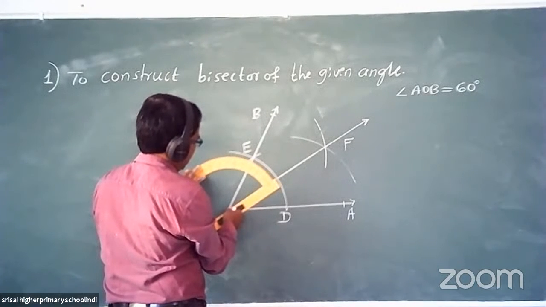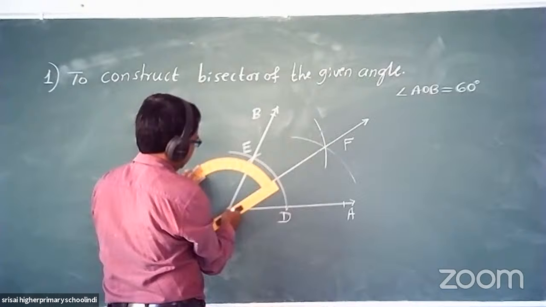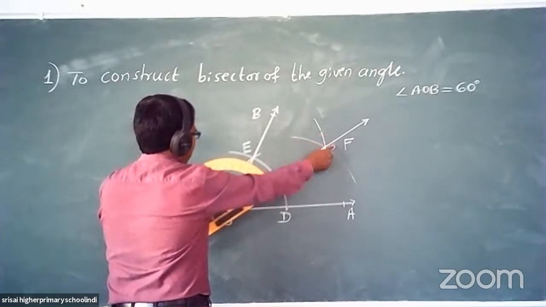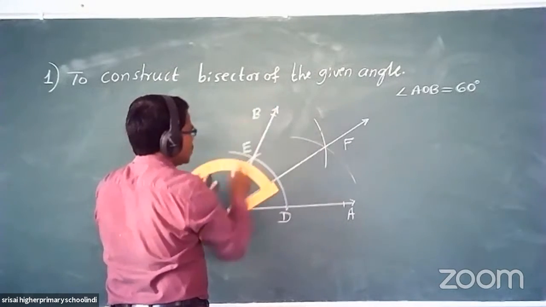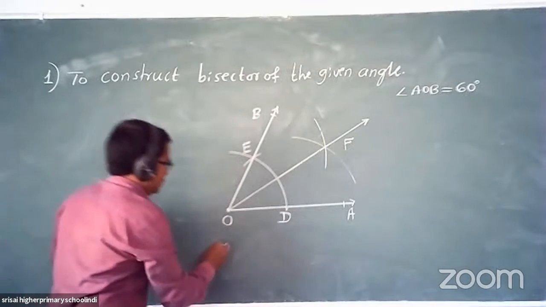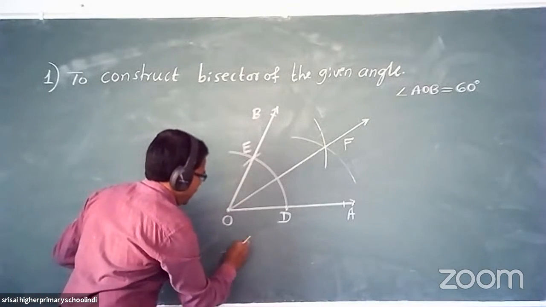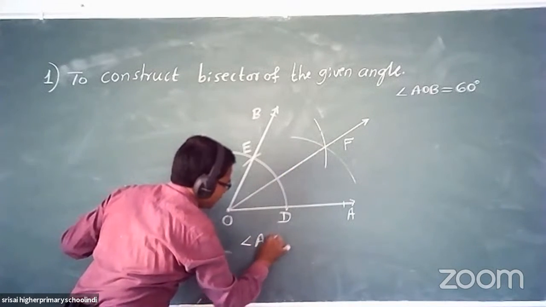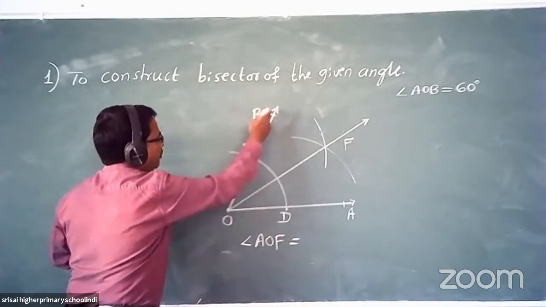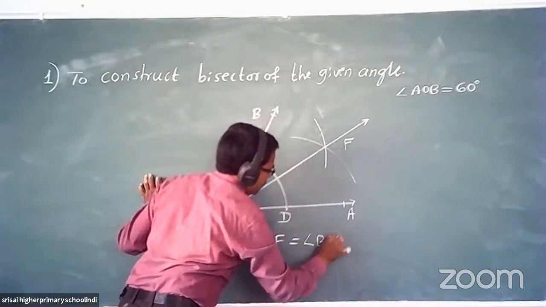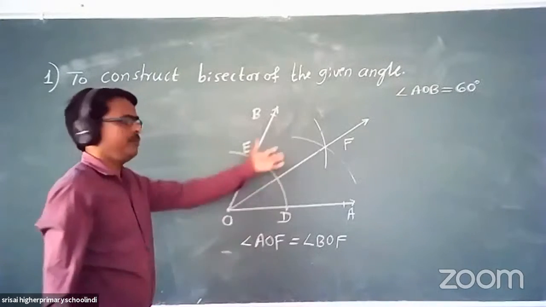This is also 30 degrees. Here, 10, 20, 30. FOB is also 30. Angle AOF is equal to angle BOF. Therefore, OF is the angle bisector.